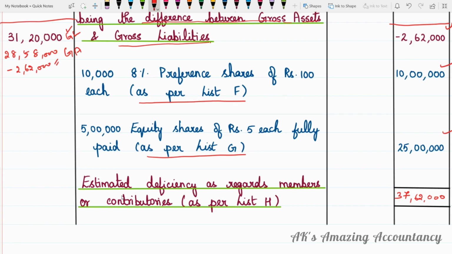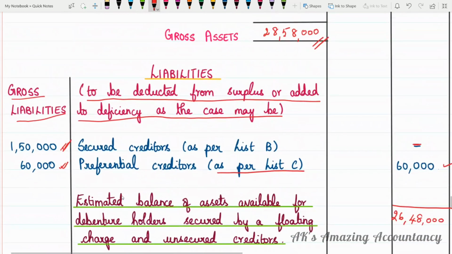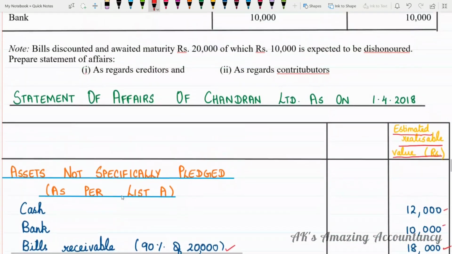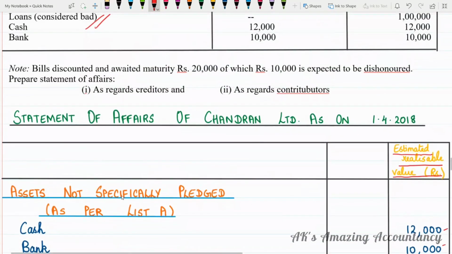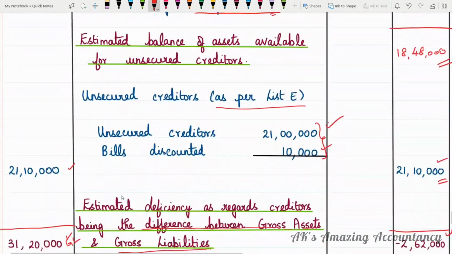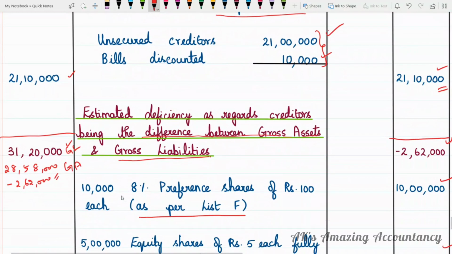So what was your question actually? As per the question, you are required to prepare a statement of affairs. See the question. Statement of affairs as regards creditors and as regards contributories. So when you say statement of affairs as regards creditors, for that your answer is estimated deficiency as regards creditors.